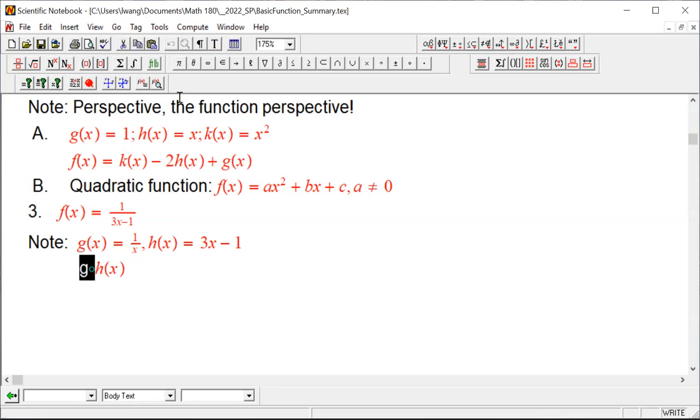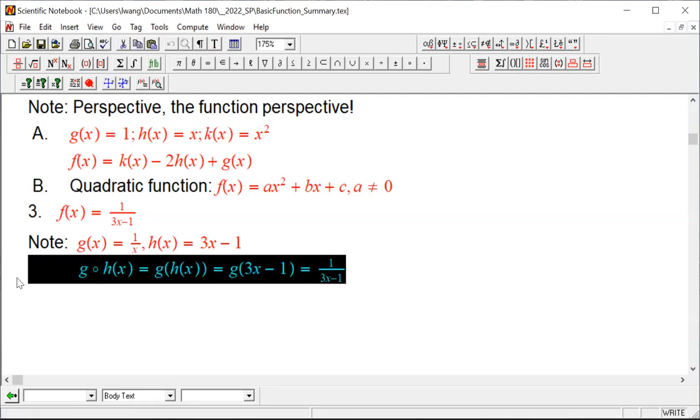Do you think it's going to work? G of h of x, that's g of 3x minus 1, and the composition will lead us to 1 over 3x minus 1.